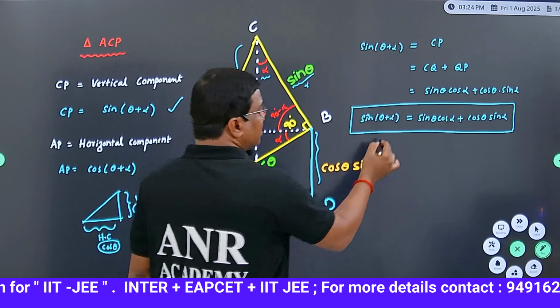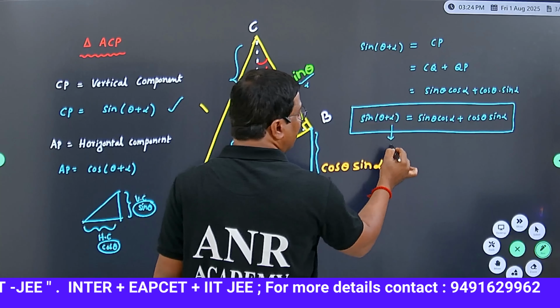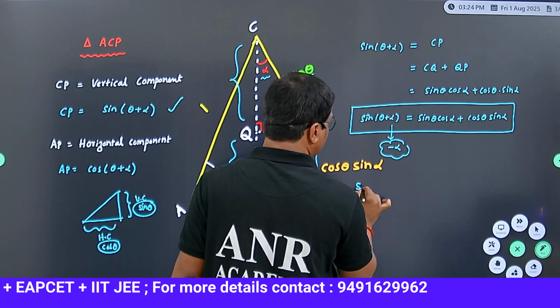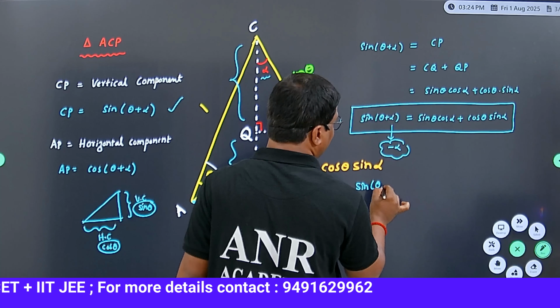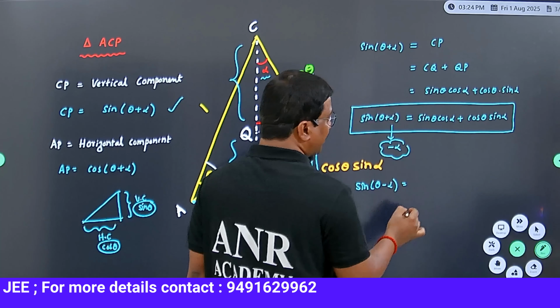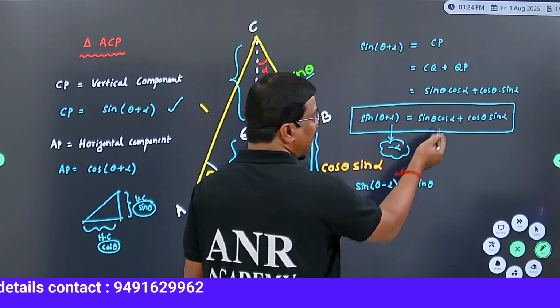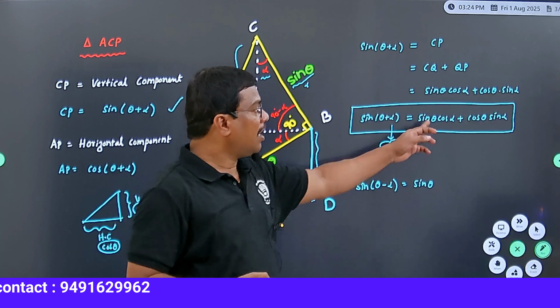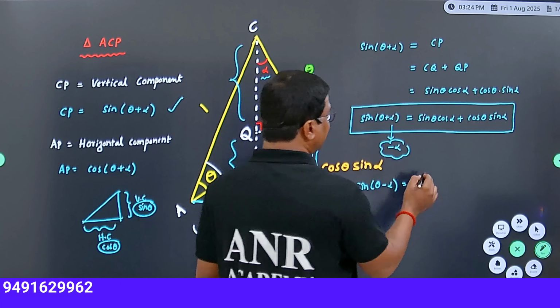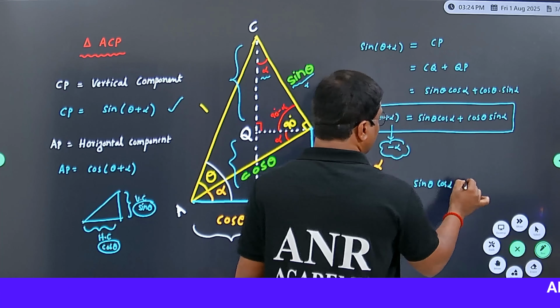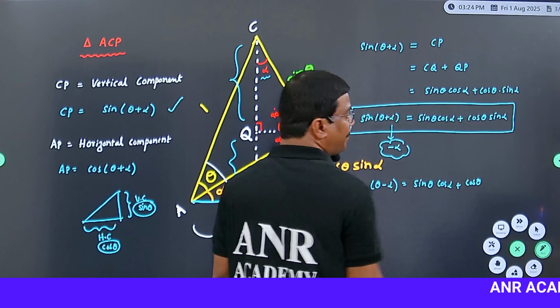Just replace alpha by minus alpha, then you will get the formula for sin of theta minus alpha. Alpha replaced by minus alpha means cos of minus alpha, which is again cos alpha, next plus cos theta as it is.